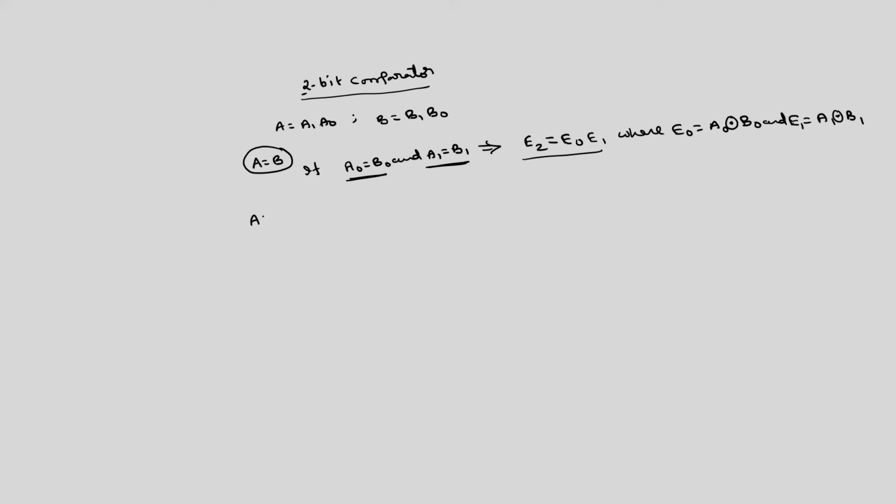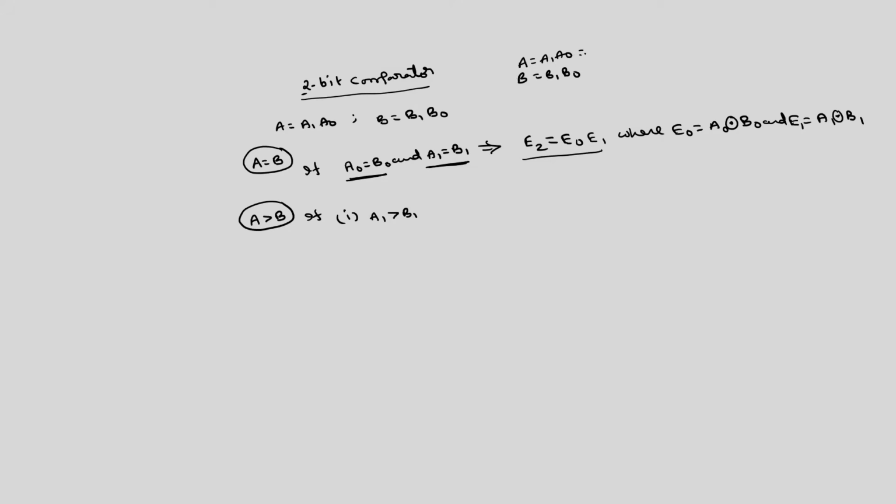A greater than B, how to check A greater than B? We have 2 conditions. One is if A1 is greater than B1, regardless of A0 and B0, it is sufficient to say that A is greater than B, because this is the MSB. A is a 2 bit number A1 A0, B is a 2 bit number B1 B0.